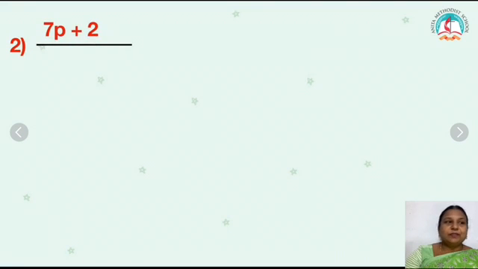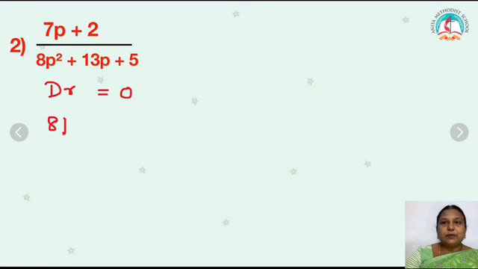Okay, children. 7p plus 2 divided by 8p squared plus 13p plus 5. So what is the denominator here? 8p squared plus 13p plus 5. You have to equate it to 0. So 8p squared plus 13p plus 5 equal to 0.